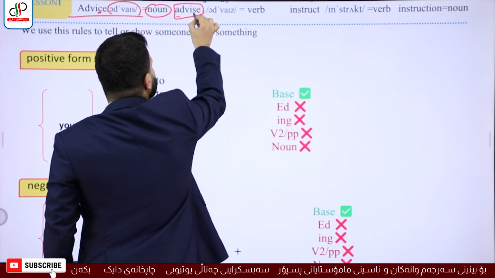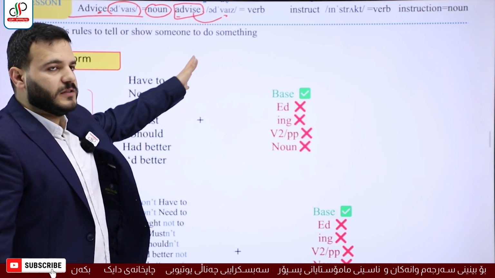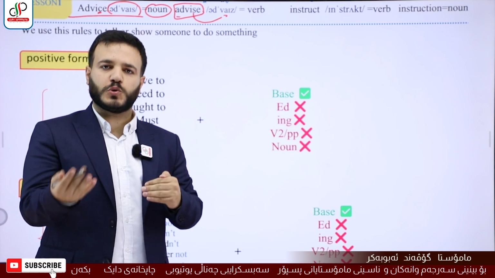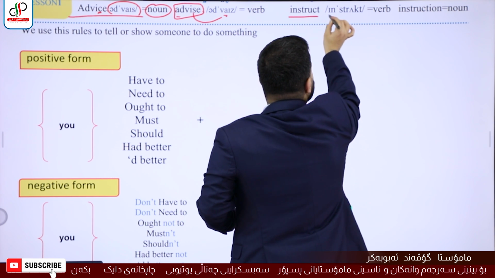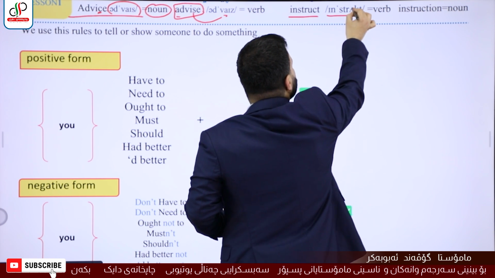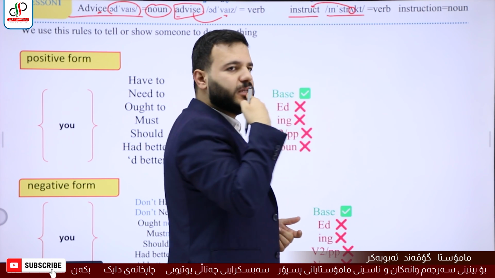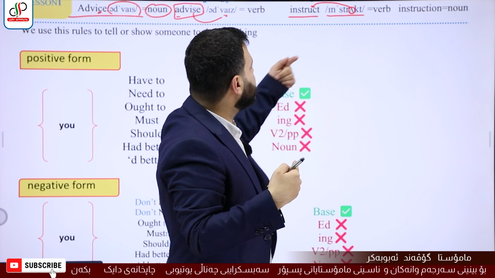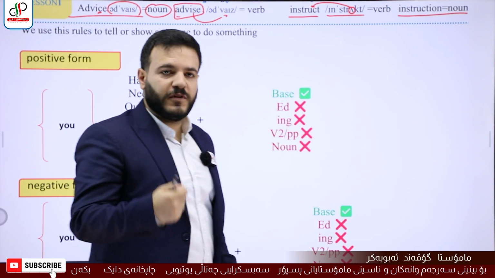It's a z sound in British English. And also we have instruct and instruction. Let's see how to pronounce that one. It's instruct. This one is really important for the sounds. That U is pronounced like this. Instruction is a noun form of instruct.